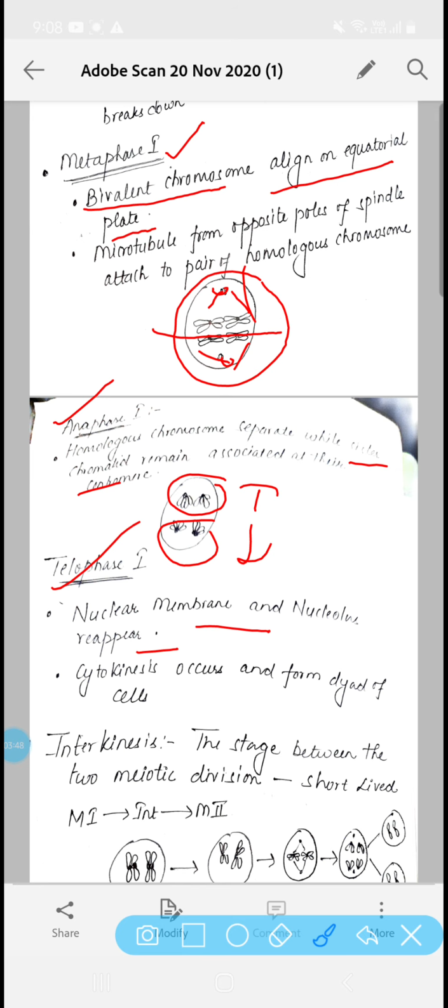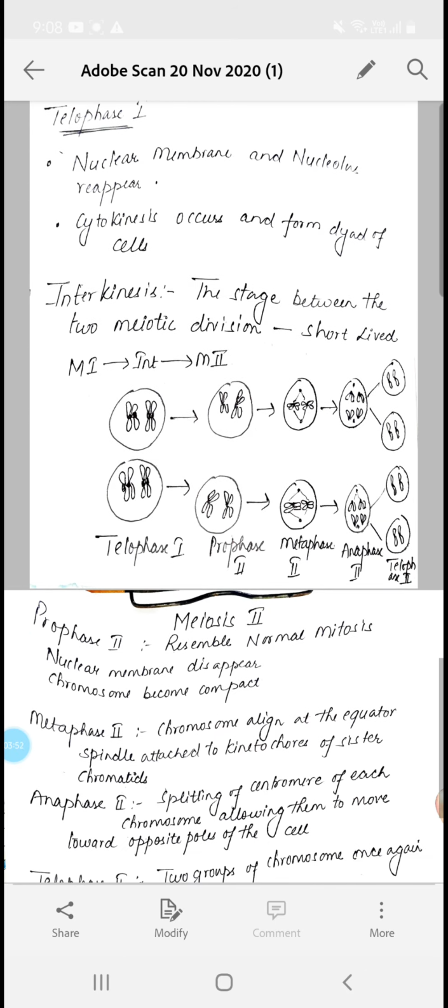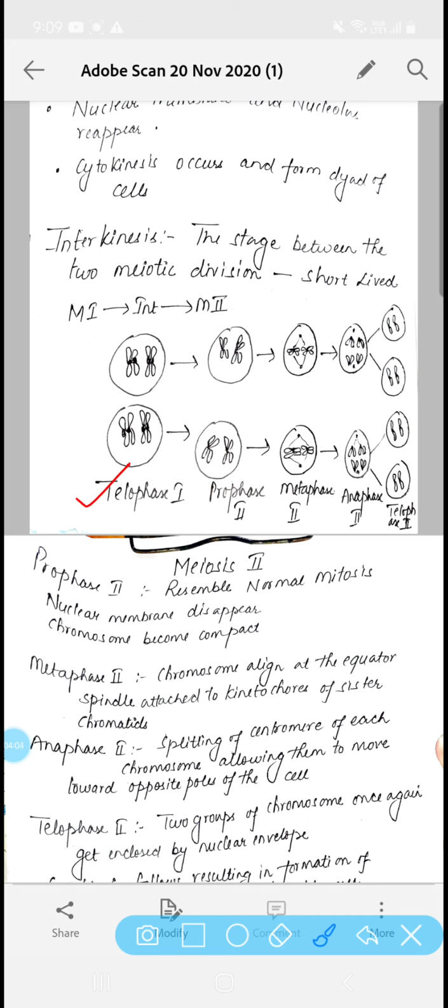Dyad of cells means two sets of cells are formed at the end of telophase. After that cytokinesis takes place and at the end two sets are formed. We can see two sets of cells formed at the end of meiosis 1.